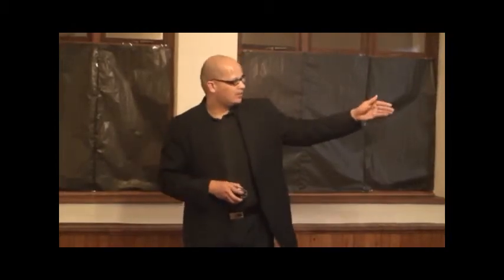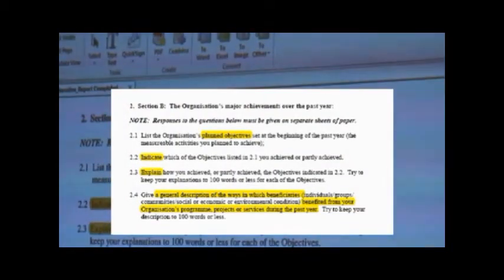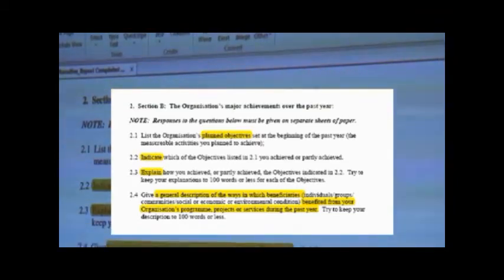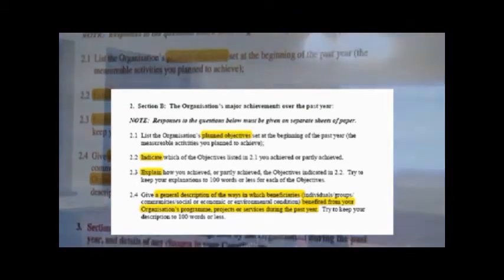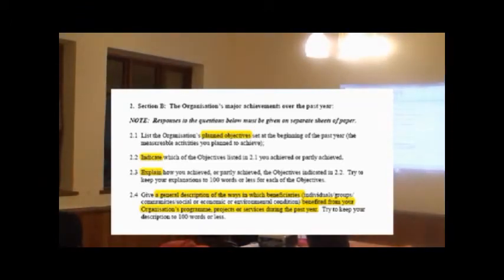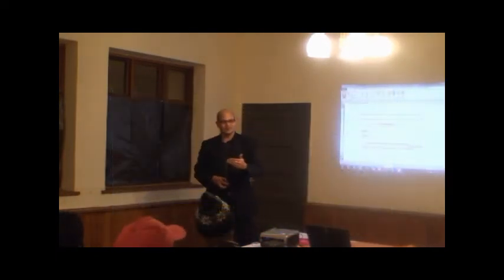But here, when it talks about the organization's major achievements of the past year, what you could do, and it's subject to correction, is that you could say here, please see attached annual report. But the other stuff, according to my understanding, you still have to do. But I've seen many organizations submitting the annual report together with this report. Okay.